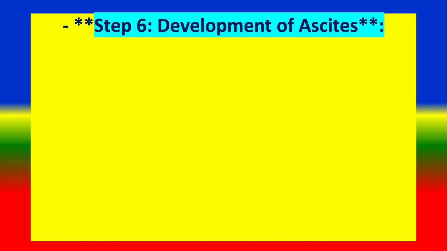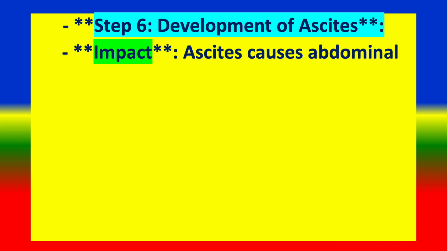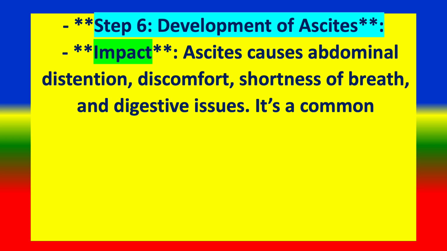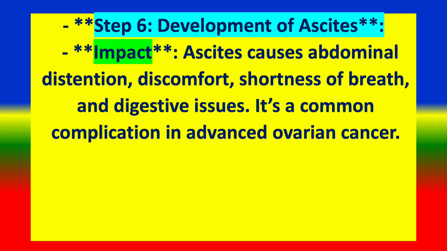Step 6. Development of ascites. Impact. Ascites cause abdominal distension, discomfort, shortness of breath, and digestive issues, a common complication in advanced ovarian cancer.